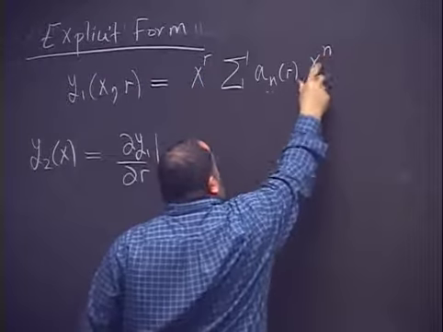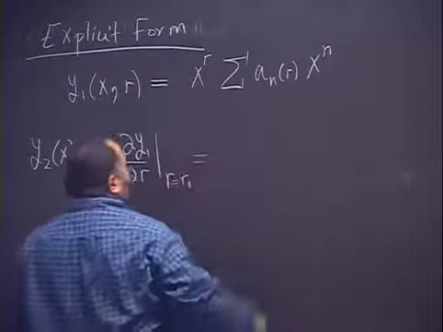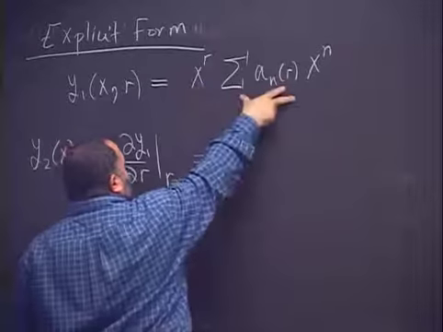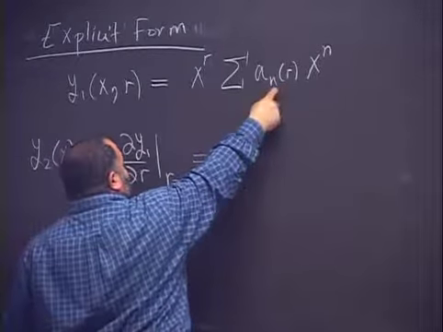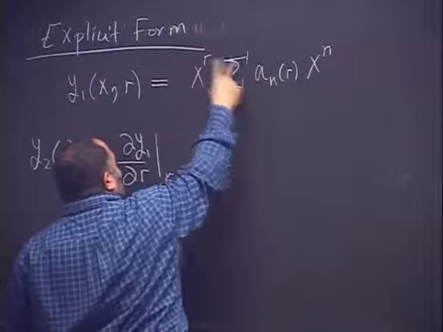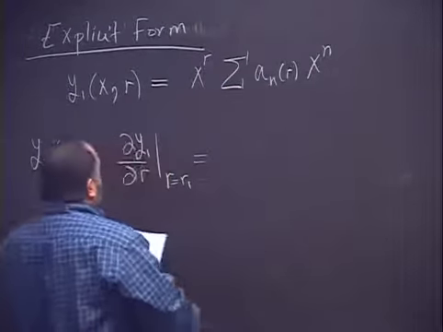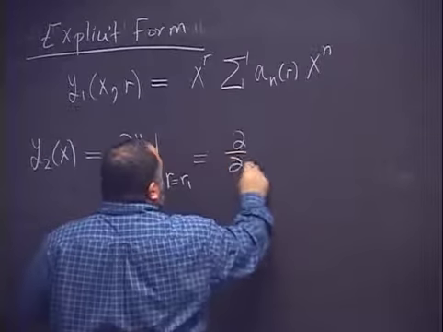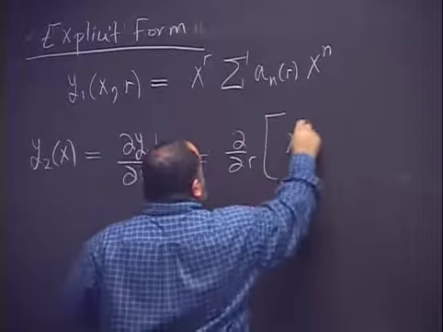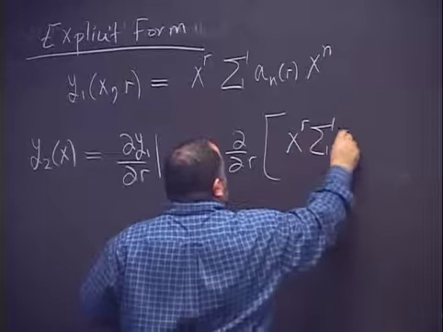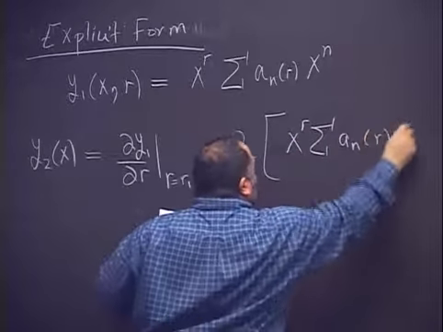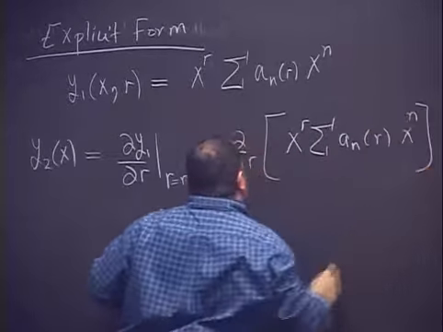This does not have any r, so this is constant with respect to r. So it will be the first multiplied by the differentiation of the second, plus the second multiplied by the differentiation of the first. So this will give us d by dr of x to the r, times the summation of a_n of r x to the power of n.